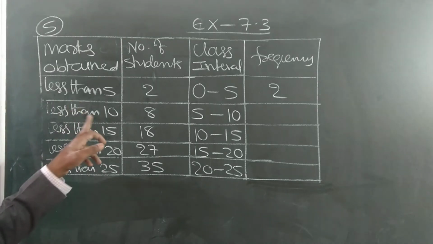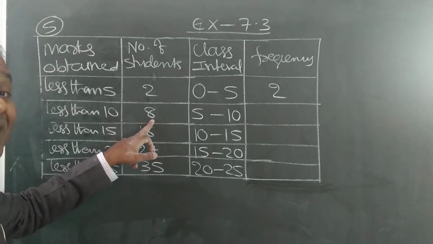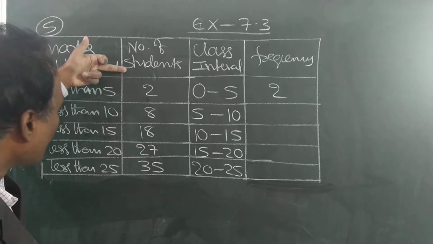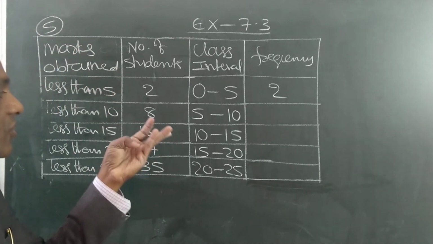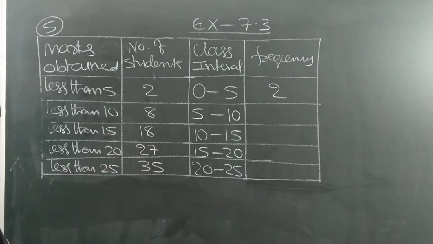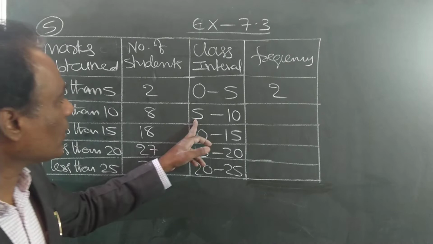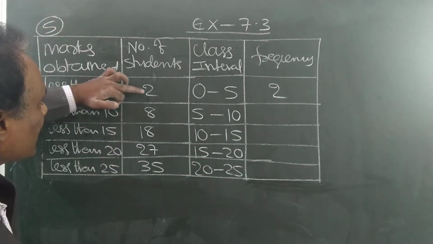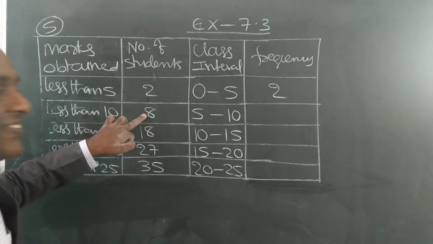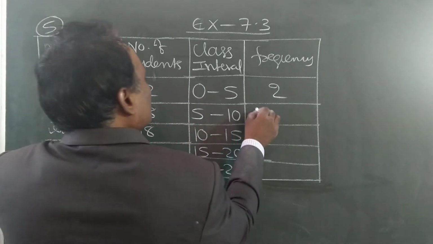Next, 8 students are in less than 10. Less than 10 means the total will come: 0 marks, 1 mark, 2, 3, 4, 5, 6, 7, 8, 9, all will come. But we want only 5 to 10. So if you remove the 2 students of less than 5, the remaining will be 6. 8 minus 2.